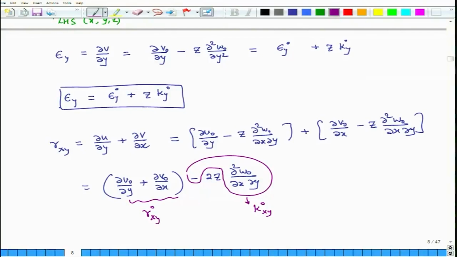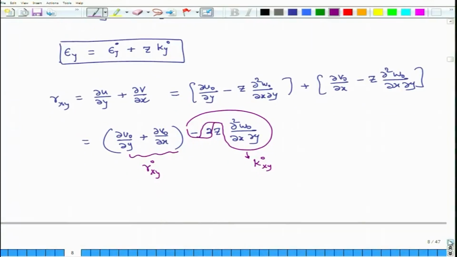It is the twisting curvature, not the bending curvature. Actually the 2 also comes into this. So, we can say that gamma x y equals gamma x y naught plus z times k x y.